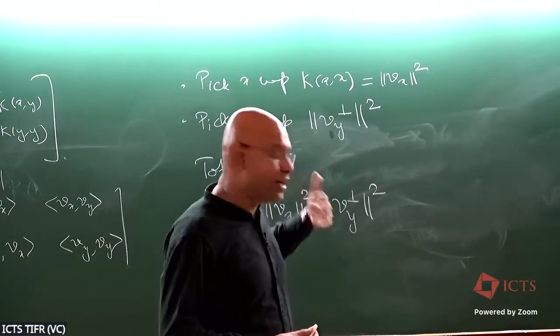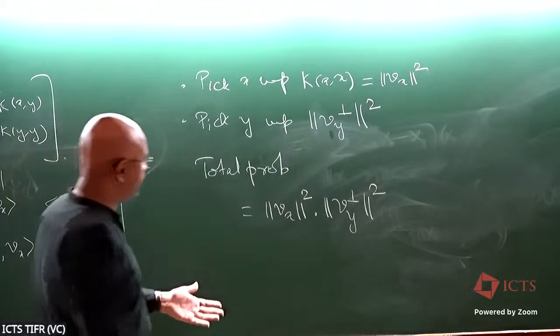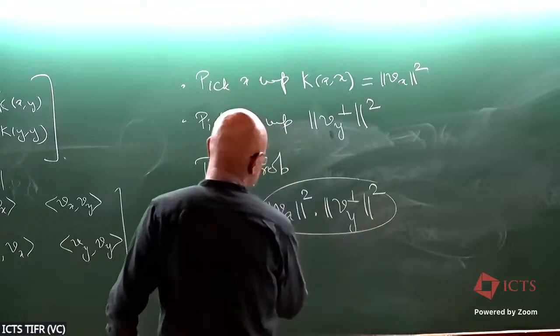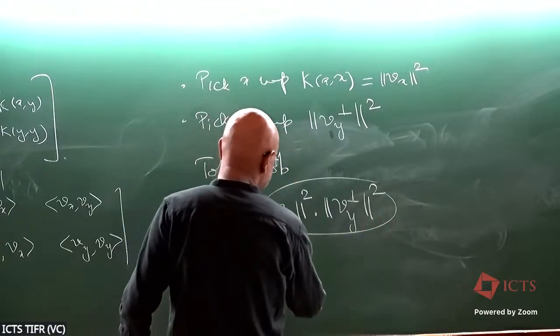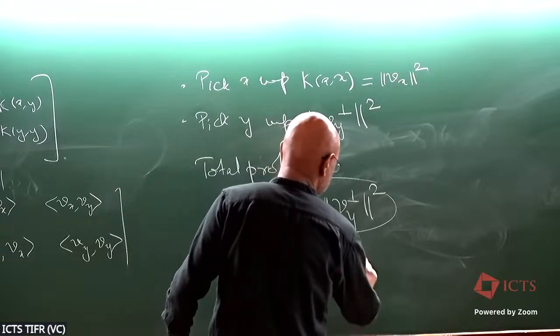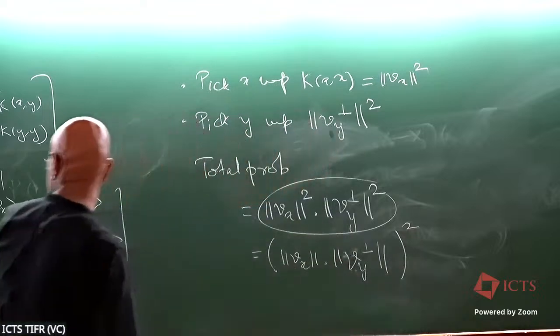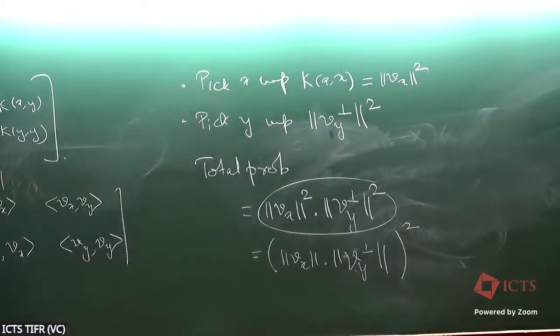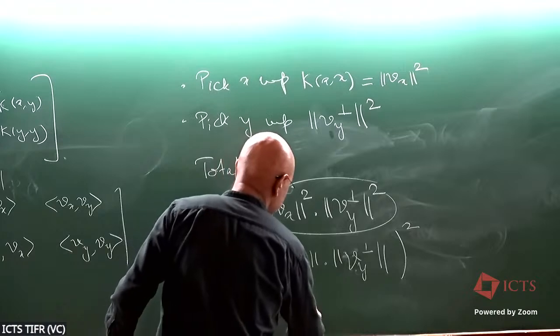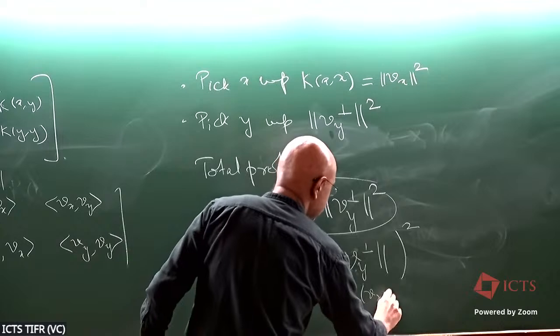Okay, and basically this is by construction. So this is equal to Vx times Vy perp squared, and norm of Vx times norm of Vy perp is precisely, you can do your basic Euclidean school geometry, the volume of the parallelepiped generated by Vx and Vy.